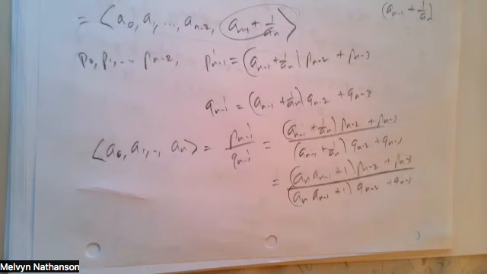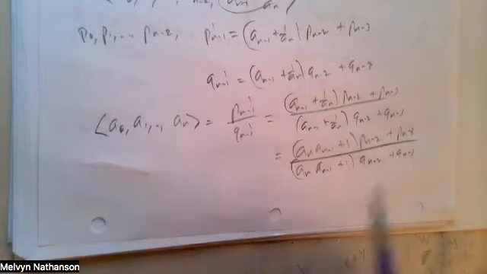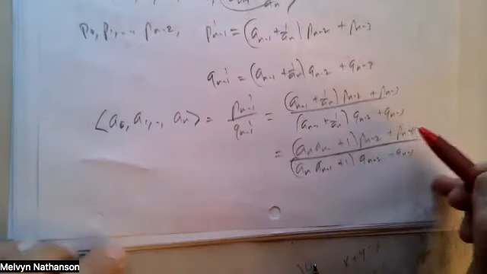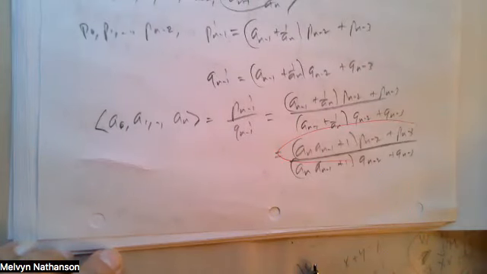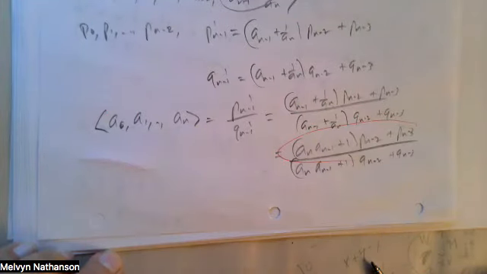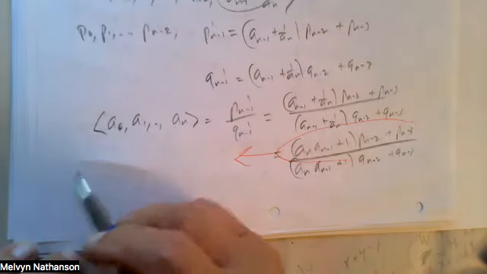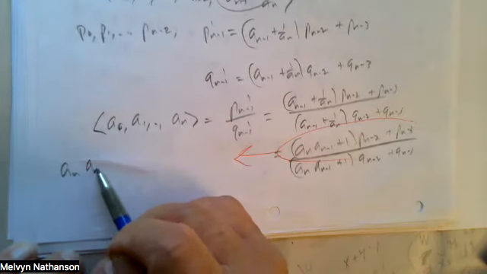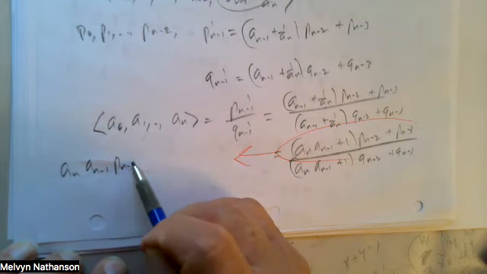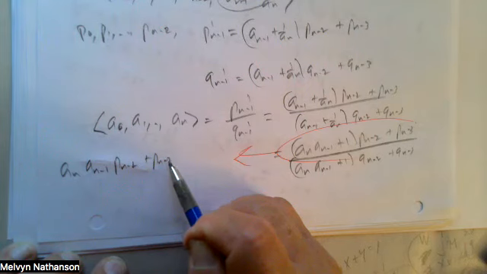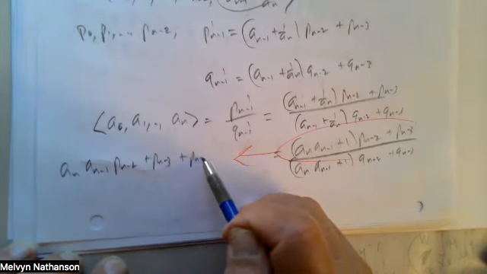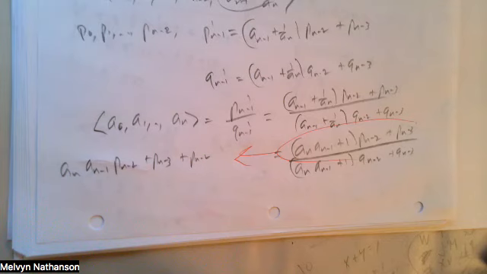And let's see, what is that equal to? So let me just look at this numerator. This numerator, if I expand it, is AN minus 1, Pn minus 2 plus Pn minus 3 plus Pn minus 2.